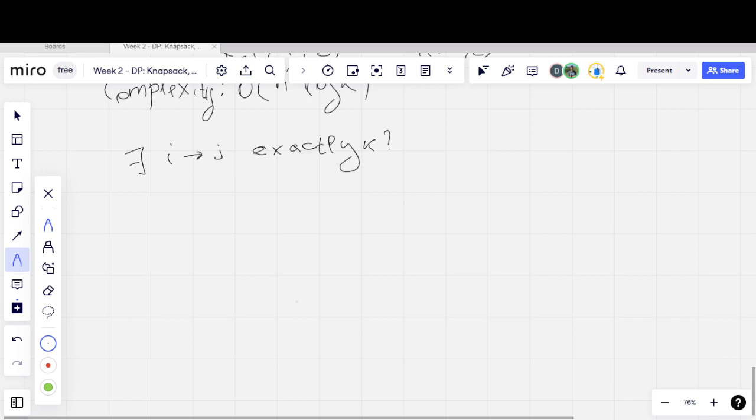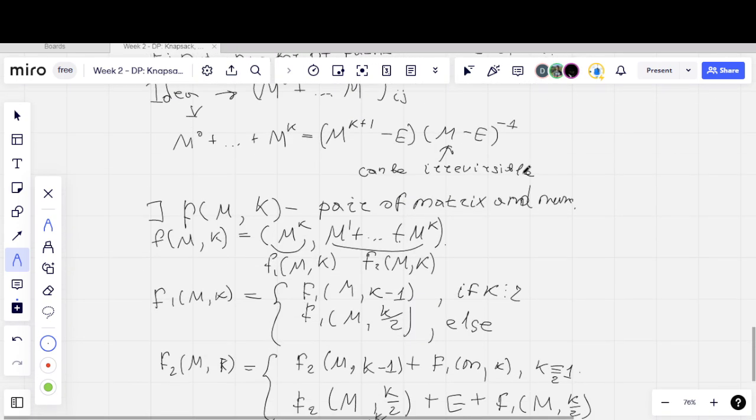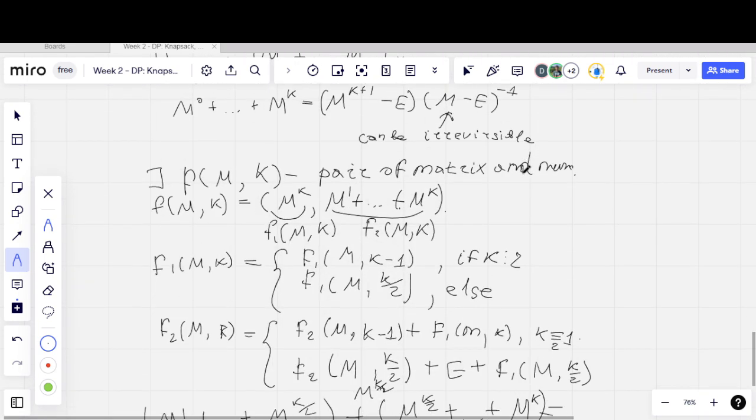Okay. Do you have suggestions or ideas? How can we solve it? This is very simple if you understood the previous task.